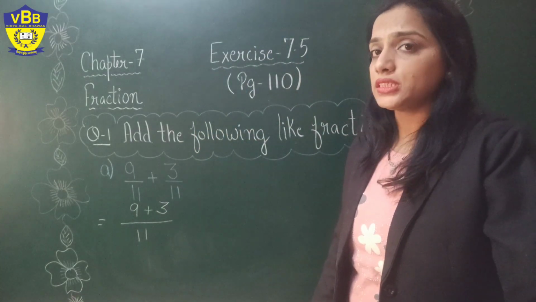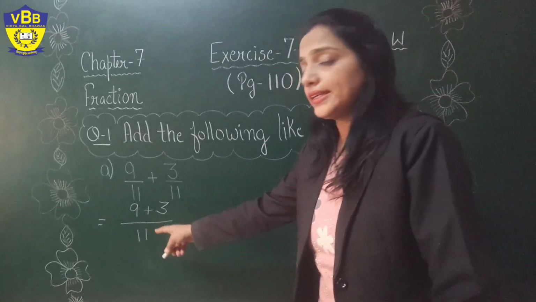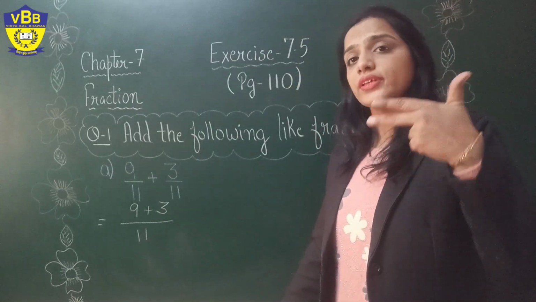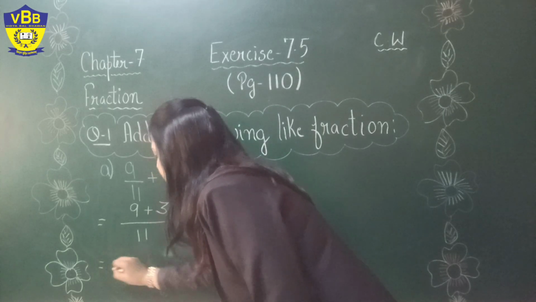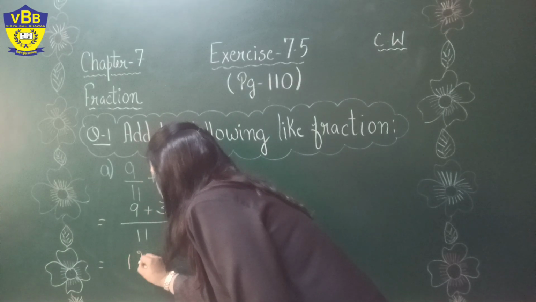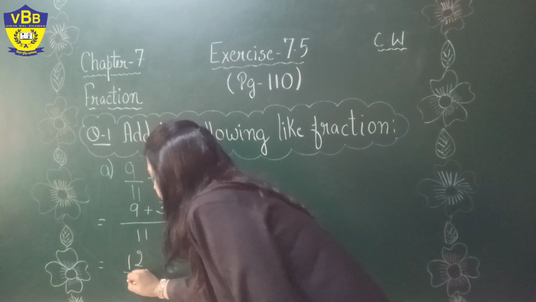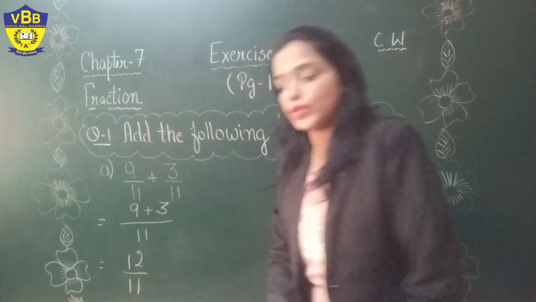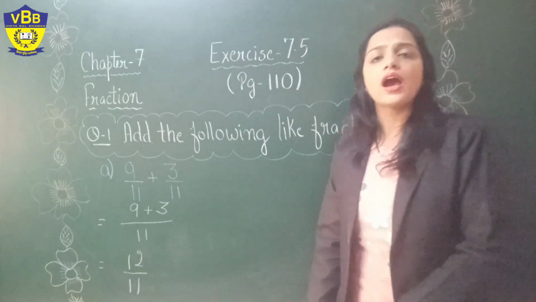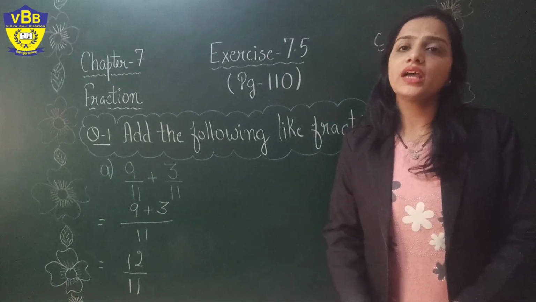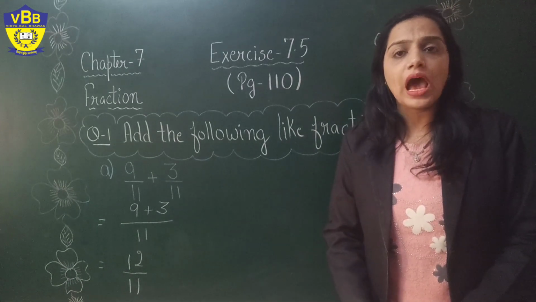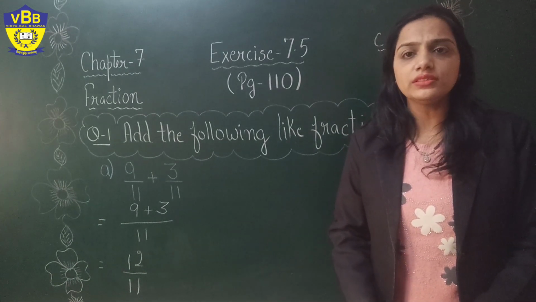So 9 plus 3 is 9, 10, 11, 12. So our answer is 12 by 11. I hope everyone understands this concept, how to add like fractions.